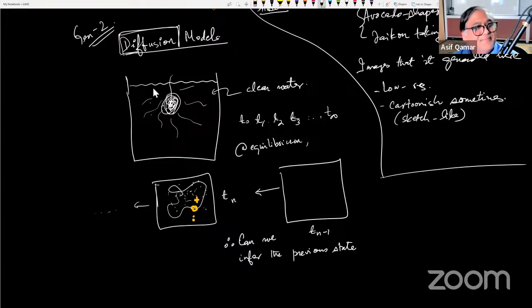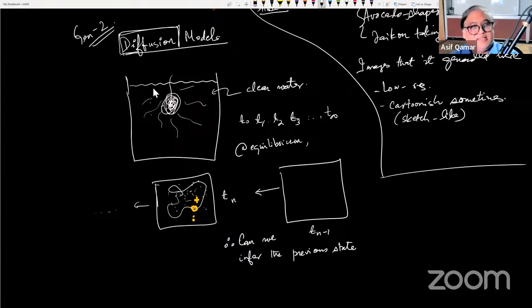Are we making sense? Right? The other intuition that I want you to carry around is that if your steps are quite small, there is an inferential reversibility. Thermodynamics won't allow you to reverse. Entropy only increases, right? You go from a state of less diffusion to a state of higher diffusion.